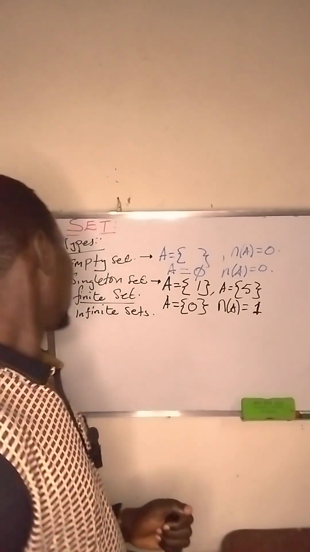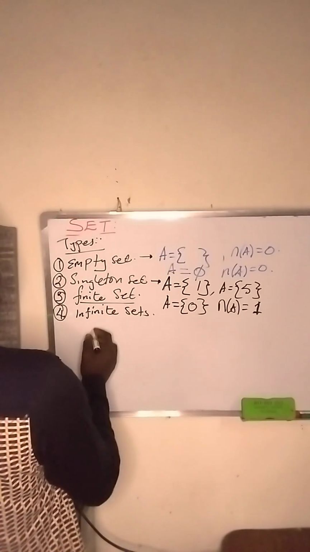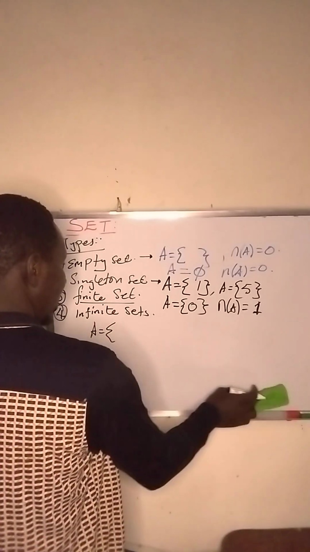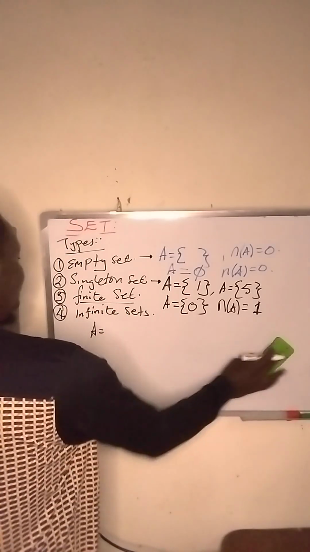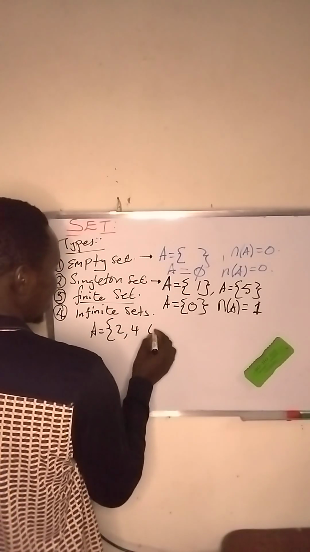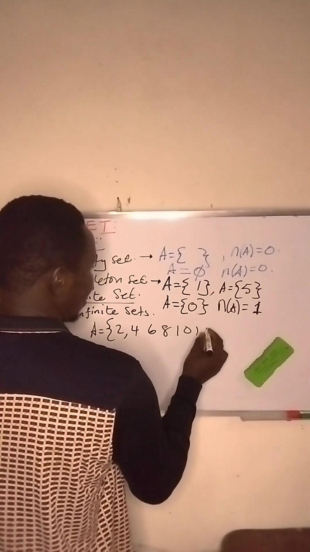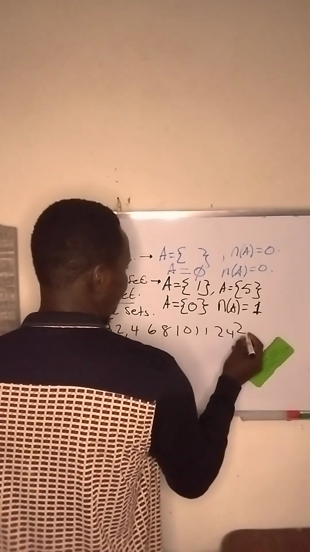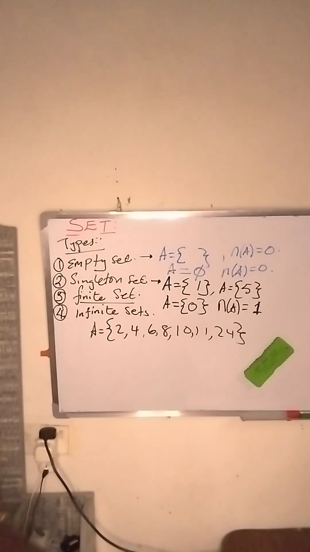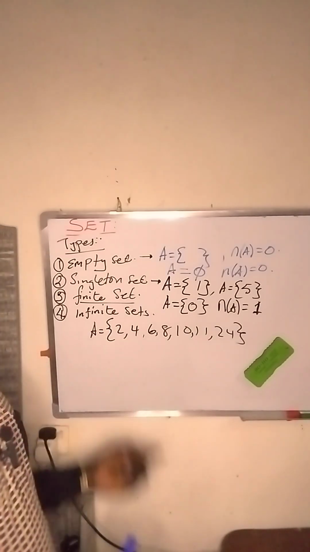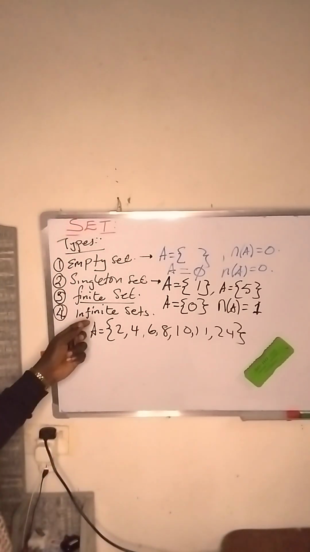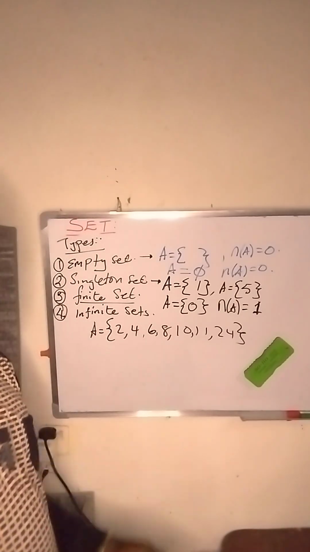Are we together? For example, if we have set A equal to 2, 4, 6, 8, 10, 11, 24, and the bracket is closed, this qualifies to be what we call a finite set.